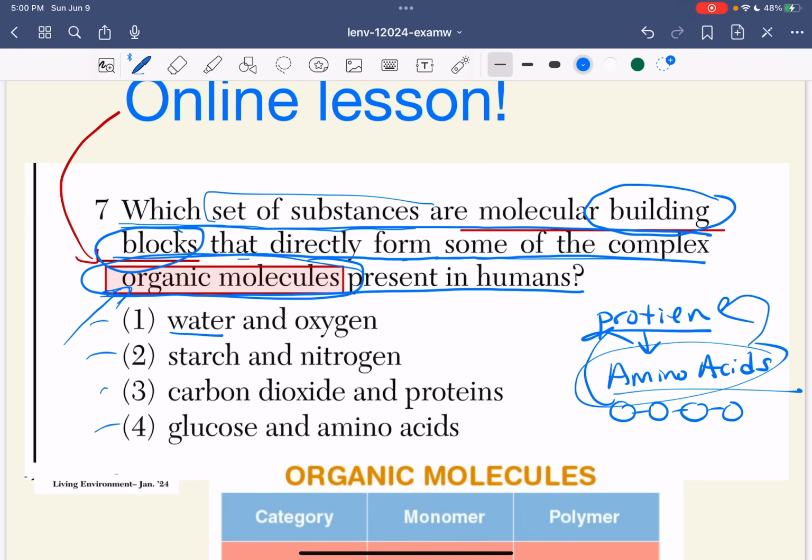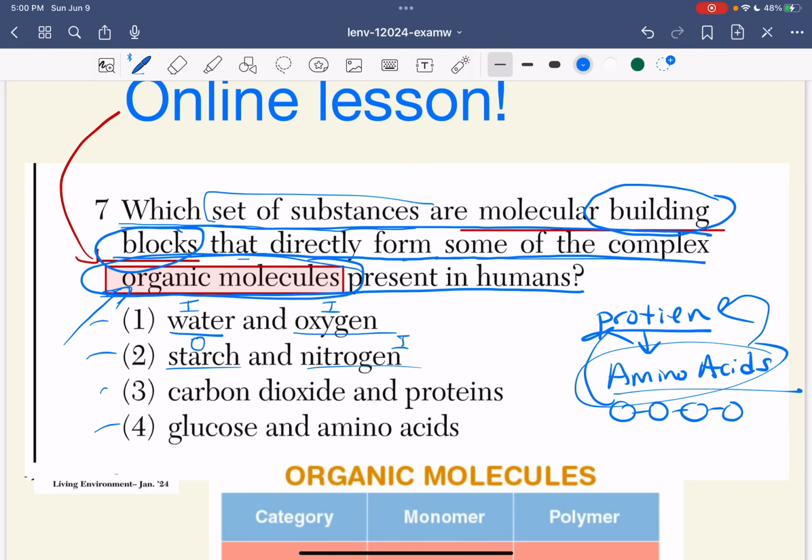Is water organic or inorganic? Water is inorganic. What about oxygen? Oxygen is inorganic. Starch. Starch is a carbohydrate, so it's organic. Nitrogen. Nitrogen is inorganic. That is an element found in the periodic table.